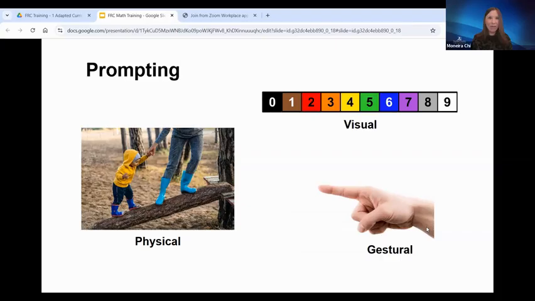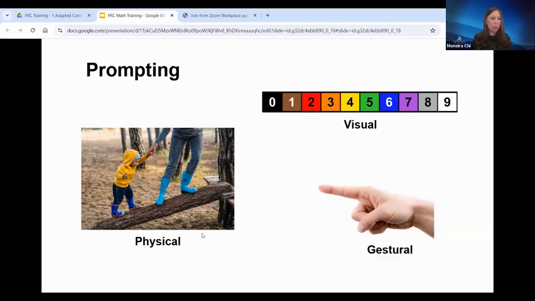There are a wide variety of prompts. You could use physical, gestural, verbal, proximity prompts where you put yourself a little bit closer to the child. But here are a few of the most commonly used ones that we're going to talk about today.